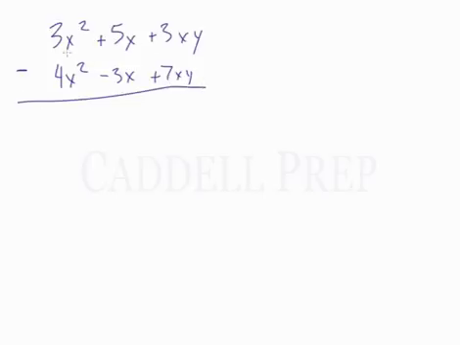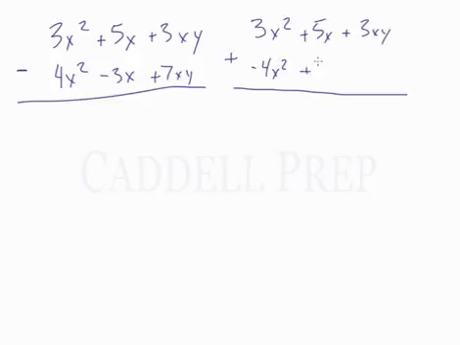Because it's this polynomial minus this one, and we're subtracting, we should do keep, change, change. So let's keep the top the same. We're going to change this overall minus sign to addition, and we'll change the signs of each term. So 4x squared becomes negative 4x squared.